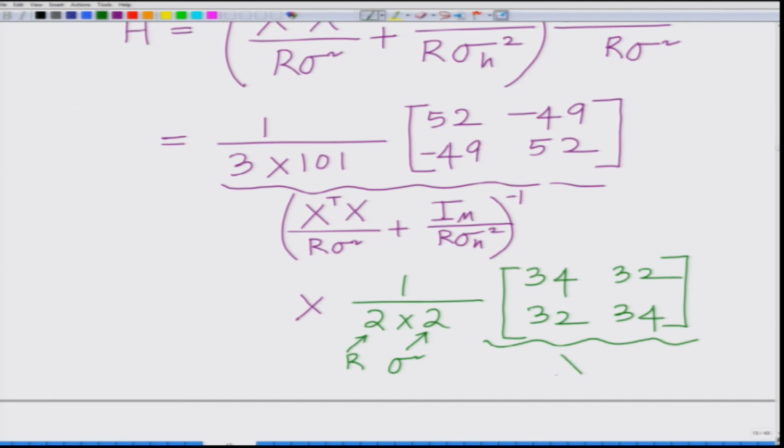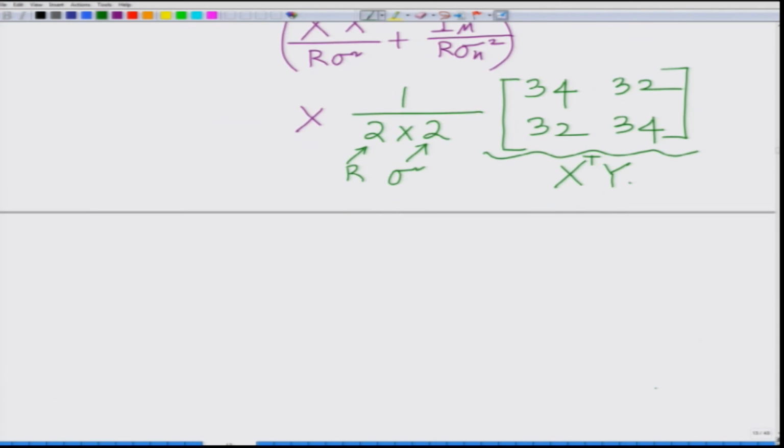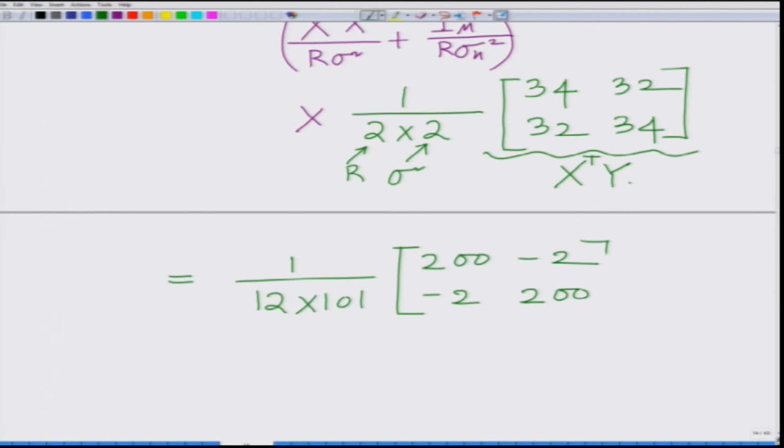Put this all together and what you get is 1 over 12 times 101 into 200 minus 2, minus 2 200.